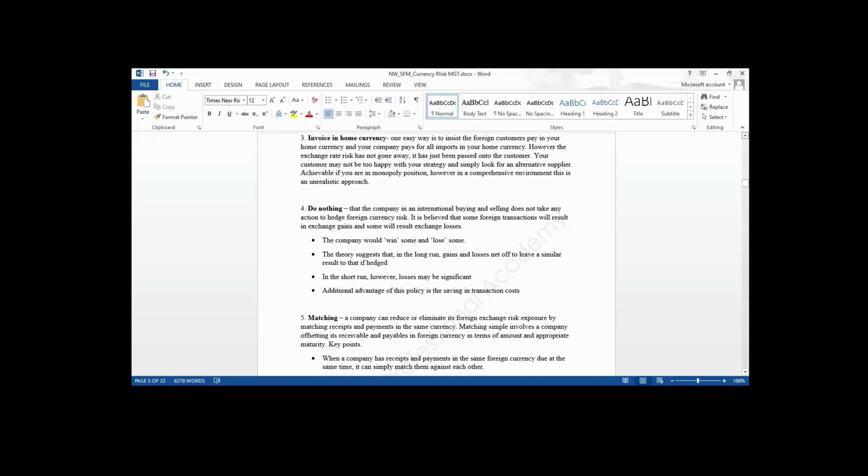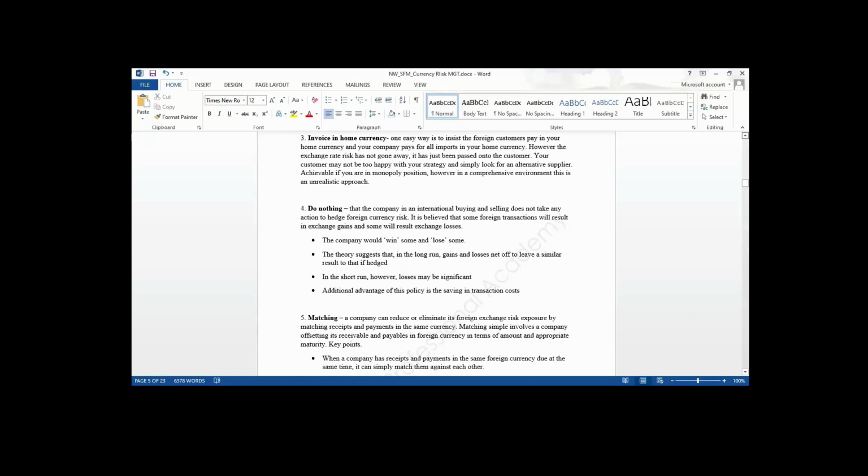If I match these two, 50 million payments against 40 million inflows, I'm going to have a net payment of 10 million. I have reduced my exposure to $10 million. I will only need to look for 10 million US dollars. We have taken the two together.